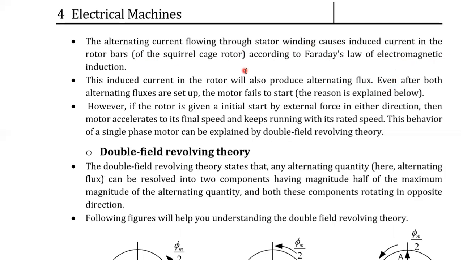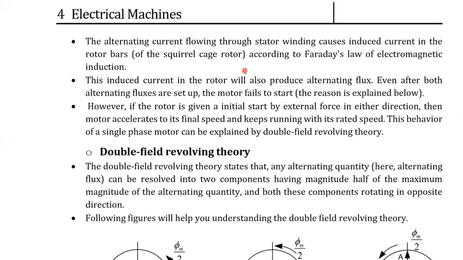In order to develop induced EMF, one must be stationary and the other must be rotating or alternating. In a transformer, the winding is stationary and the magnetic flux is alternating, because of which EMF is induced in the primary winding and also the secondary winding.